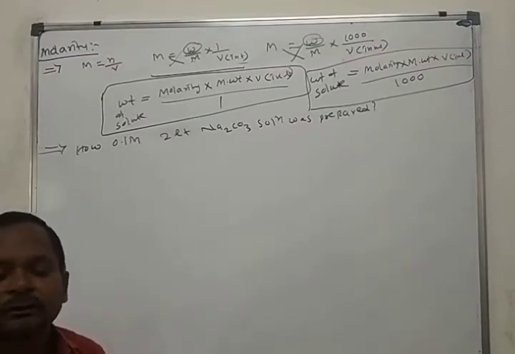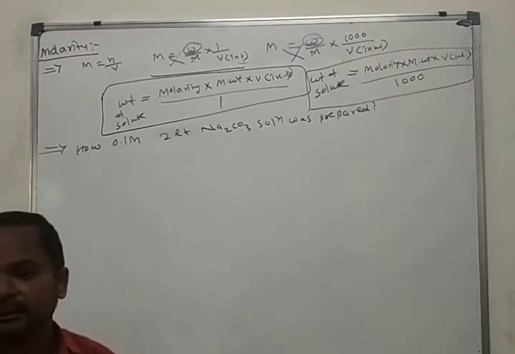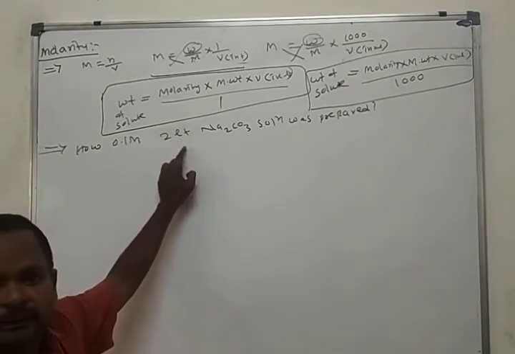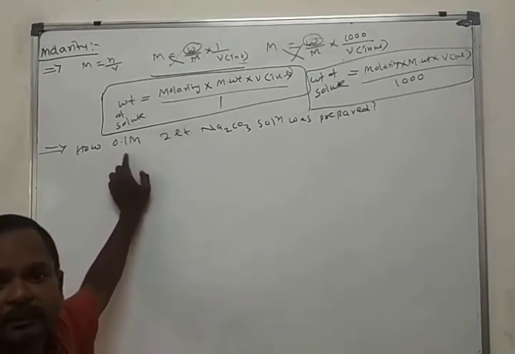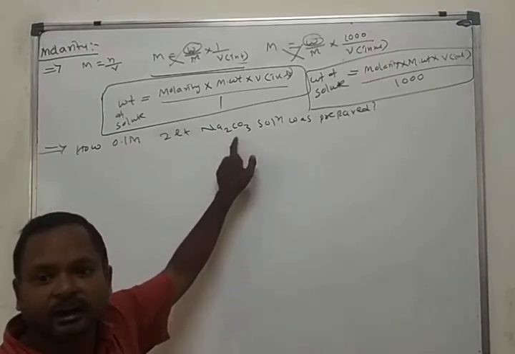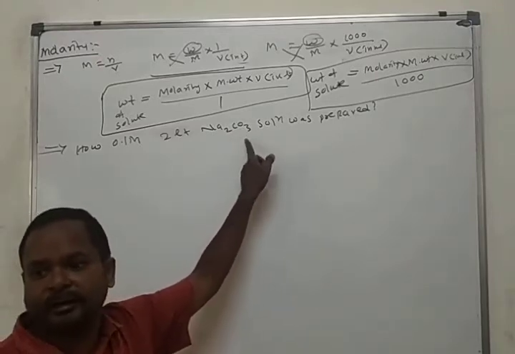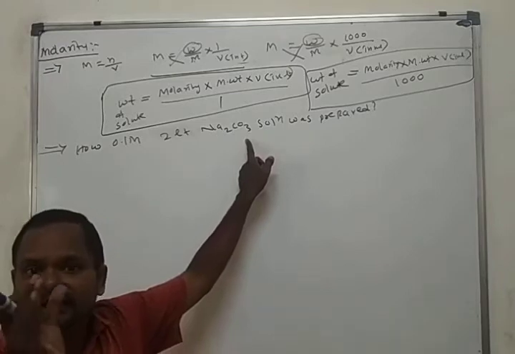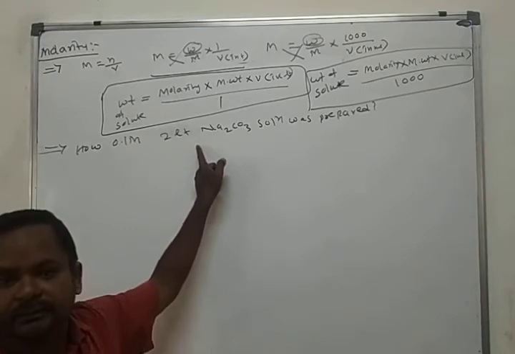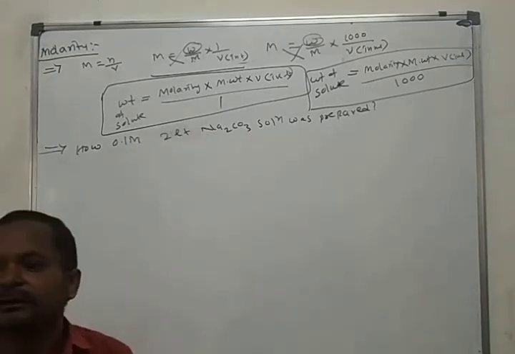Sodium carbonate solution means sodium carbonate dissolved into water. Here data is given in 2 liters of water. The molarity of sodium carbonate is given, and the molecular weight of sodium carbonate we know. You calculate the weight of the sodium carbonate. That much weight you take and dissolve in 2 liters. Then we will get 0.1 M sodium carbonate solution.